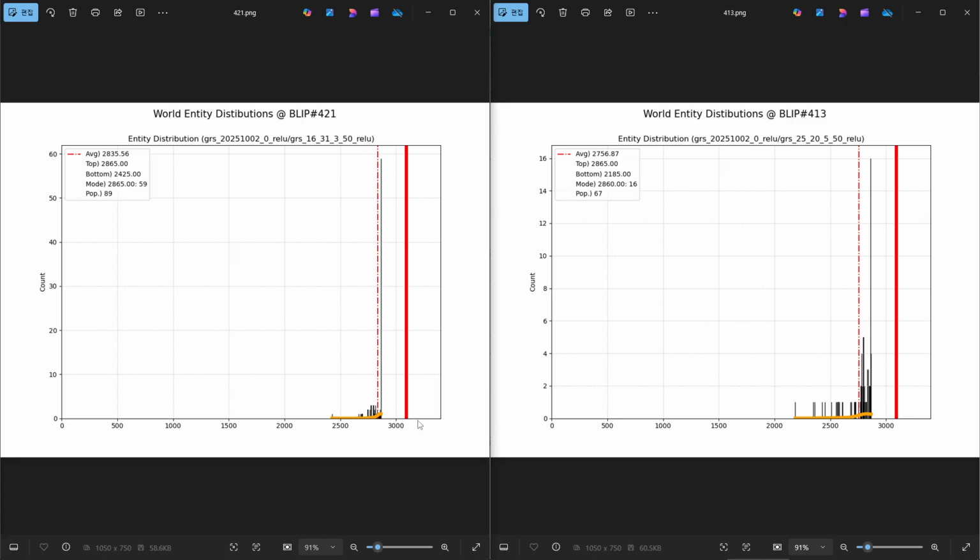Whereas here it's on the left, here it's too converged.